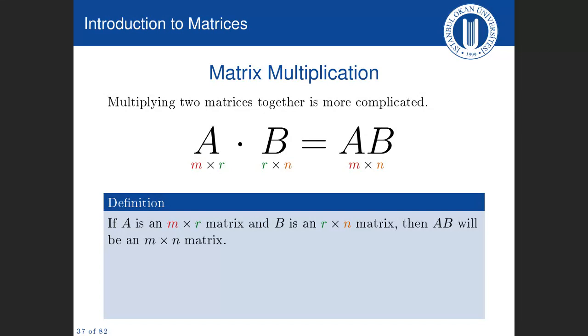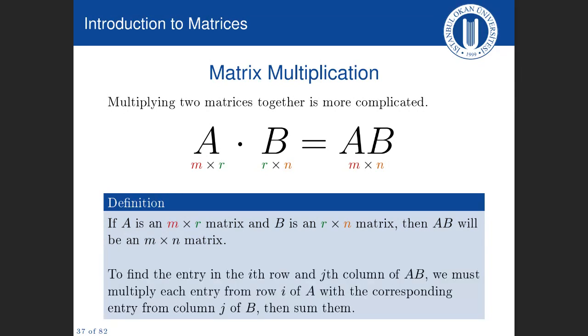If I want to multiply A with B, I need the sizes to satisfy particular rules. I need to multiply an M by R matrix with an R by N matrix. And then the product AB is going to be an M by N matrix.